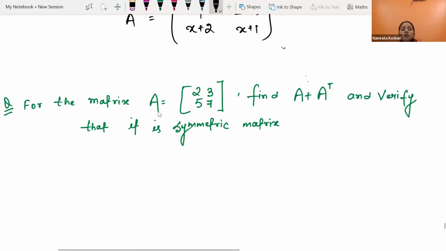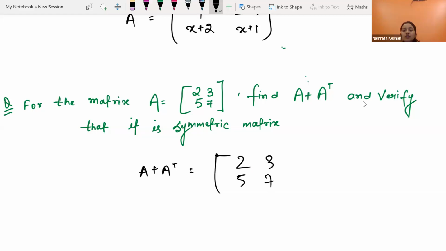Okay, so for the matrix given, find A plus A transpose. A we are having already, and A transpose we will be able to find. So 2, 3, 5, 7 we are having, right? Yes. Can you tell me what will be the transpose of this? 2, 5, 3, 7.